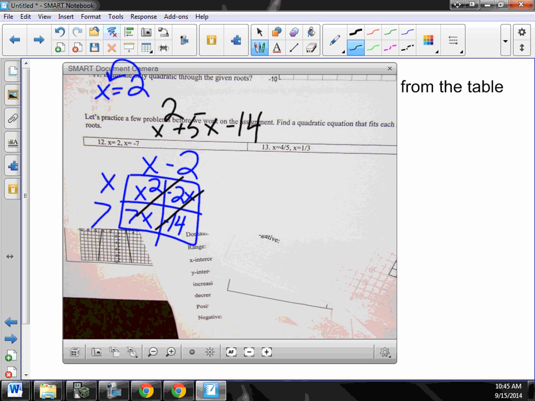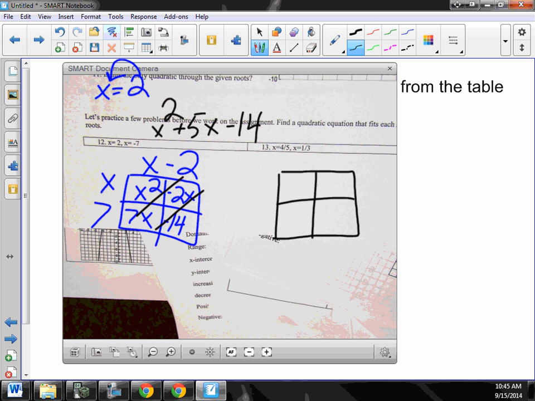The fraction type is a lot harder. So follow closely on this one. What are my factors on 13? X minus 4 over 5 and x minus 1 over 3.